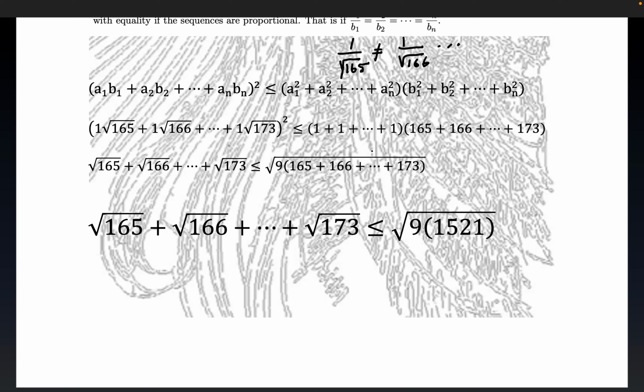And so now the hardest computation is adding up 165 all the way up to 173. You can do that, folks. That computation, adding up this piece right here, we have 9 terms, right? So you can think of 9 over 2 times the sum of the first and last terms.